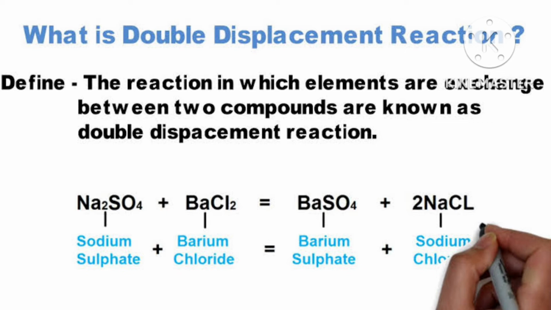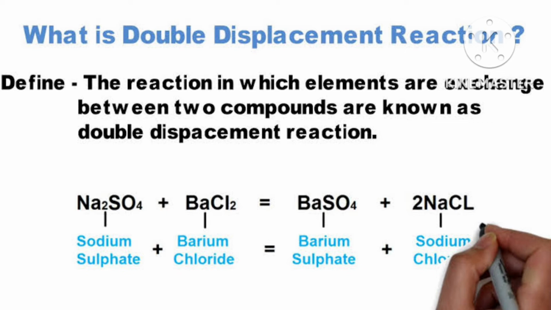It may give 2-3 products. For example, phosphorus or sulfur may give 2-3 products after the reaction.